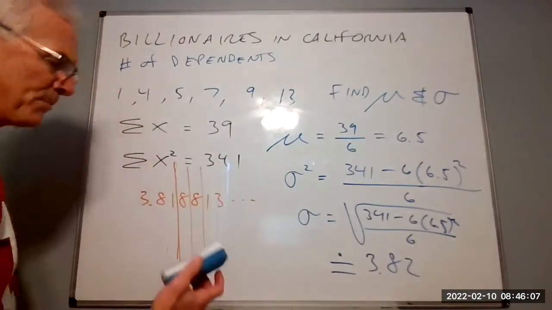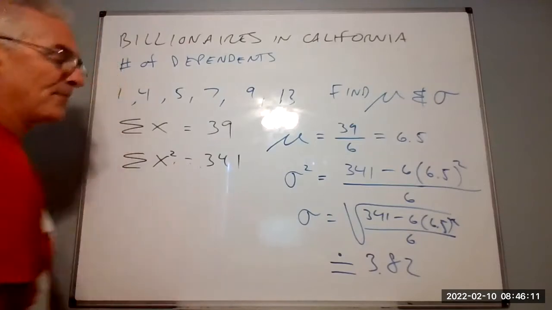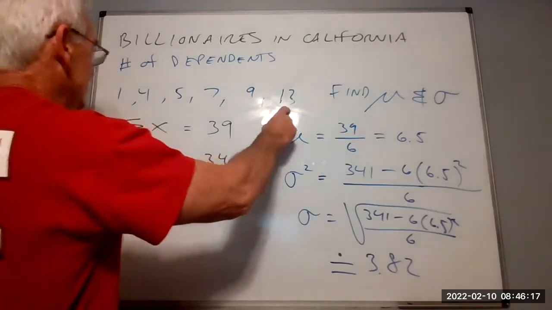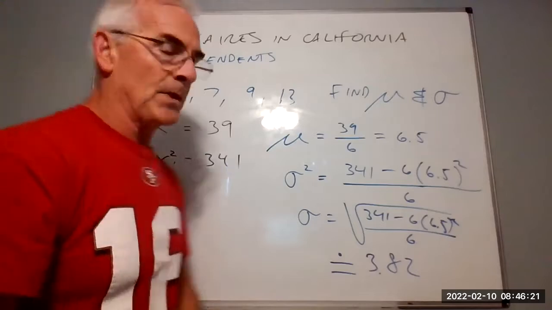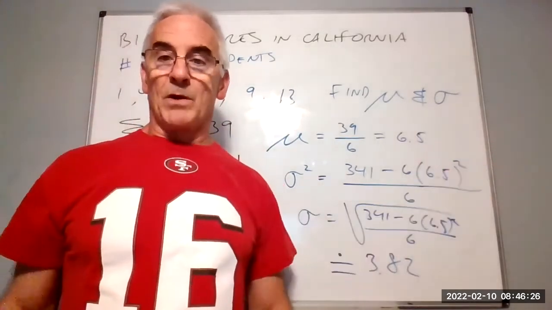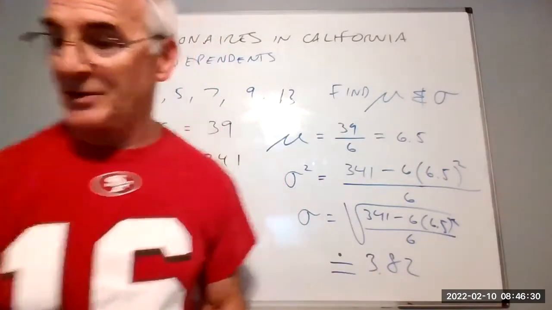So that 3.82, that's kind of now sort of the average distance everybody is from the mean. Okay, so 13 and 1 are the most extreme scores, and the other ones are kind of in the middle. The larger this number is, again, tells me more about the spread. It's not a good or a bad thing, it's just a numerical measurement.